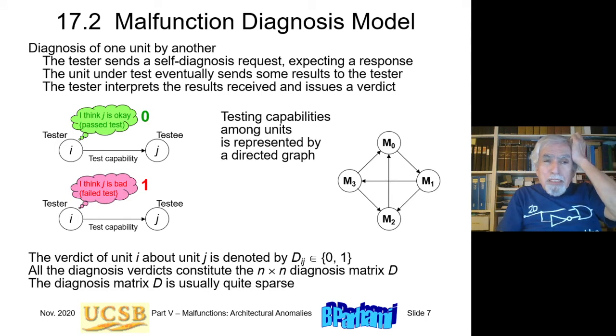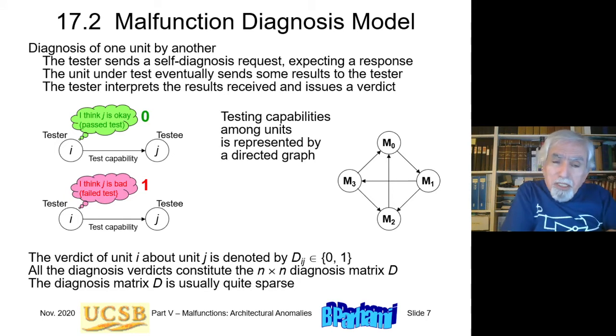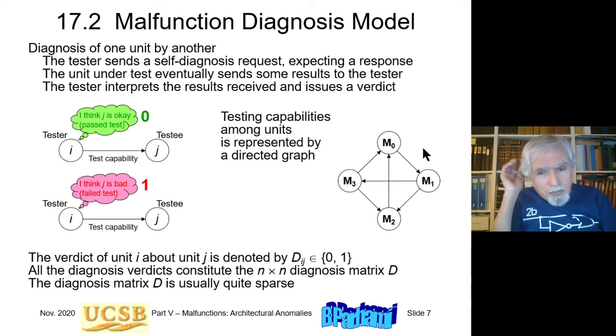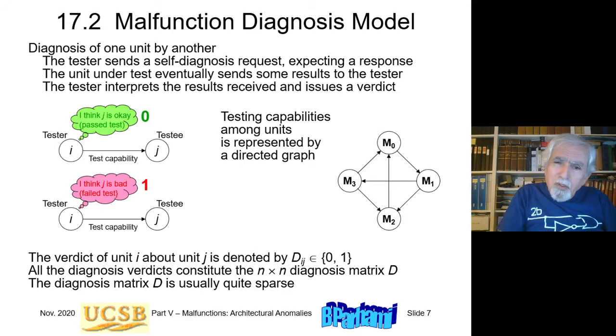Okay, based on this foundation, if we have a bunch of units connected to each other. Now, these units can be different units within a computer, as I mentioned, CPU, memory, disk, network controller, and so on, or they can be different nodes in a computer network. Doesn't matter. The methods are the same.